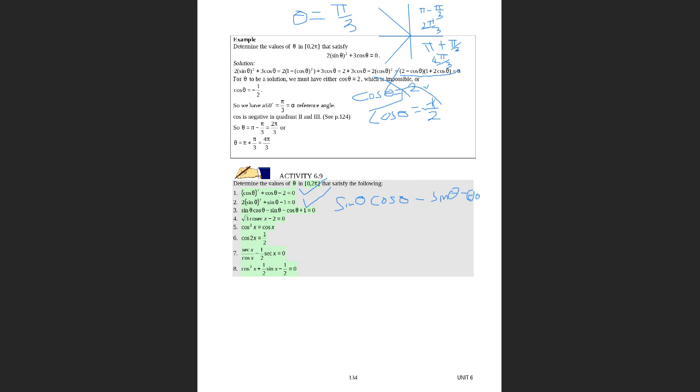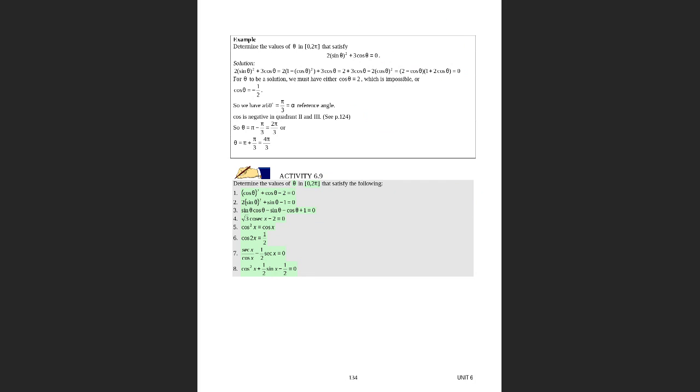So how do we simplify this? Who can help us? How do we simplify this?